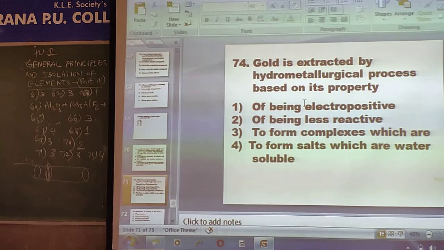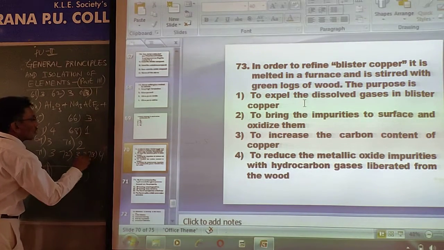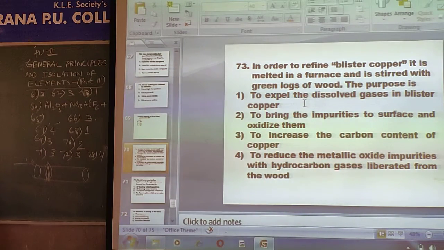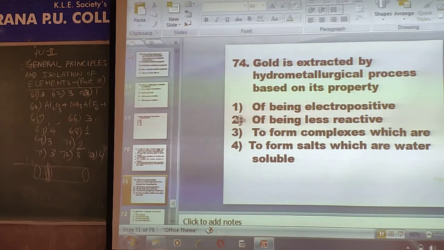This is 73. Gold is extracted by a hydrometallurgical process based on which property?